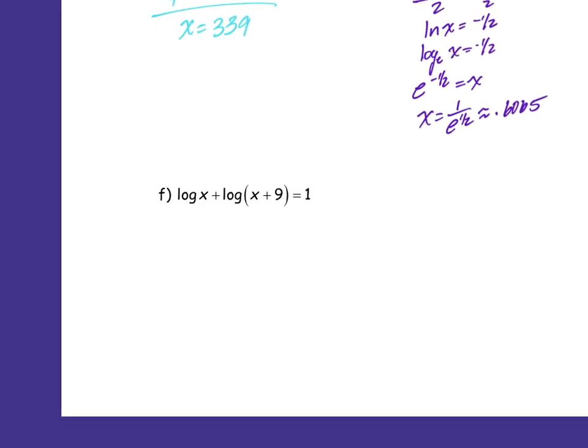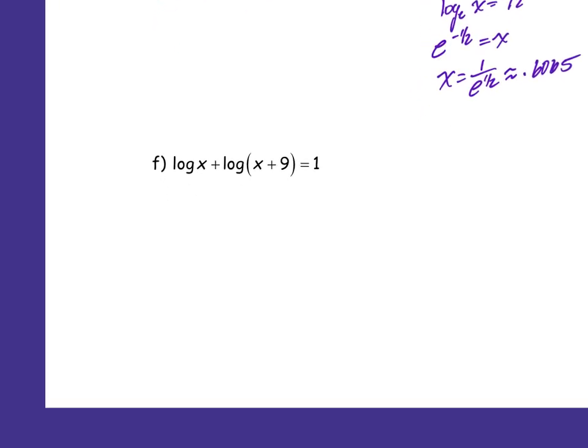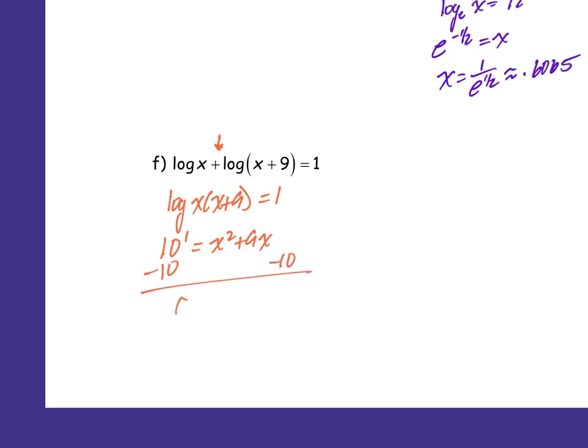And the last one is a plus sign. So that means it's times again. So I get log of x times x plus 9 equals 1. So 10 to the 1st power equals x squared plus 9x. Subtract 10. And I get 0 equals x squared plus 9x minus 10.